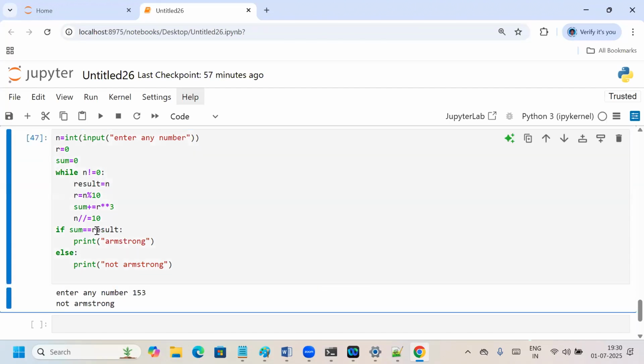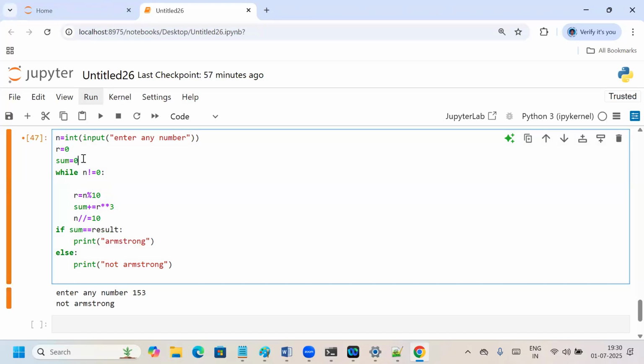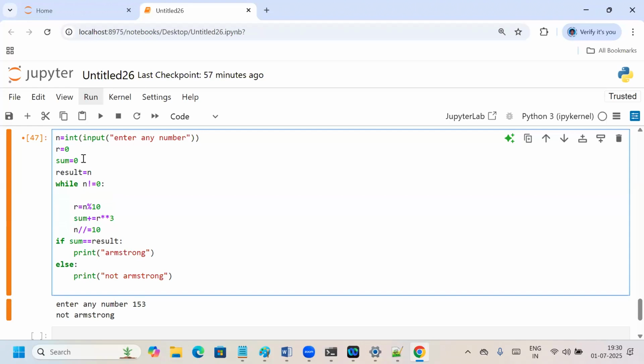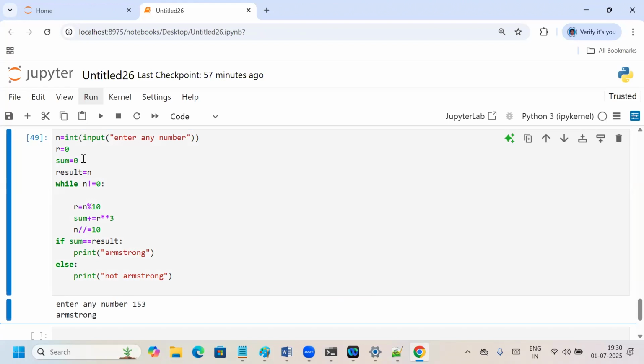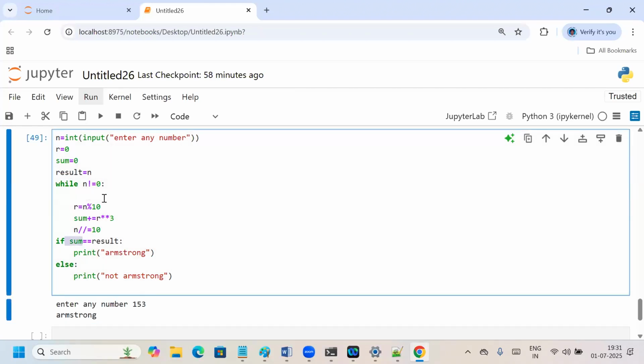Tell me, right or wrong? Understanding, guys? What was happening in the code? What was the problem earlier? Every time you are changing the n value, when you are checking the result, sum is becoming 153, guys, but your n is not 153 because every time you are reducing the value of n.